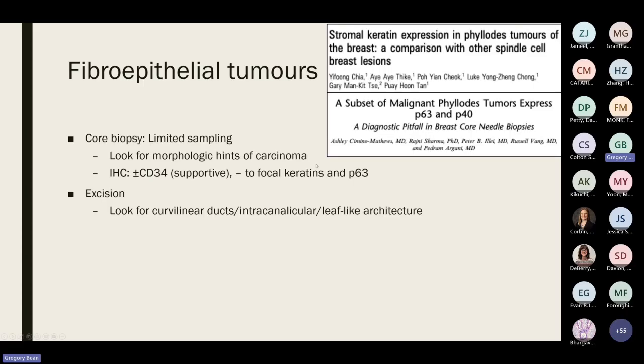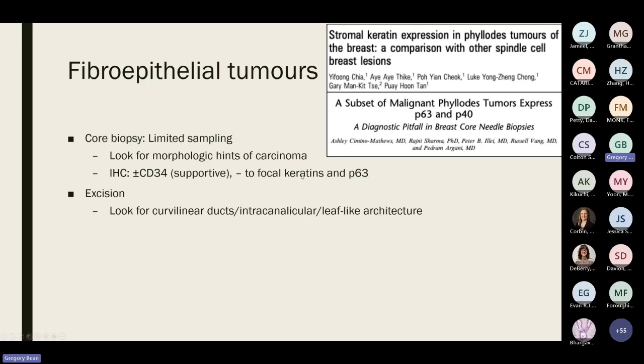And in the last decade, we've had a greater appreciation that phyllodes tumors can show focal keratin and P63 staining. I've seen some cases with even pretty prominent patchy P63 staining.